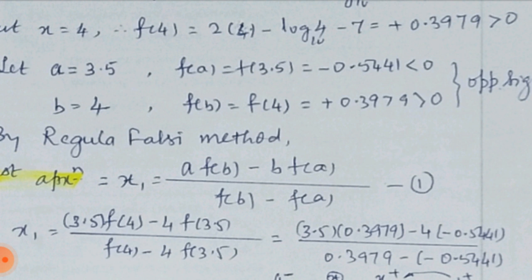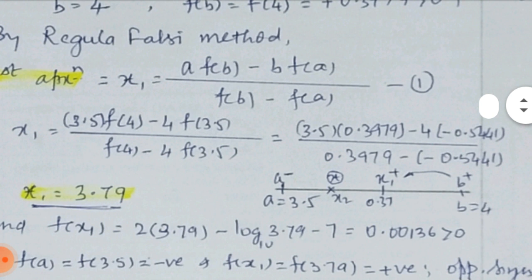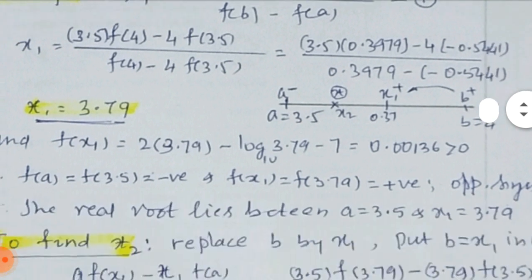Now you substitute for f of 4 and f of 3.5. Therefore, x1 is equal to 3.5 into 0.3979 minus 4 into minus 0.5441, whole divided by 0.3979 minus of minus, plus 0.5441.